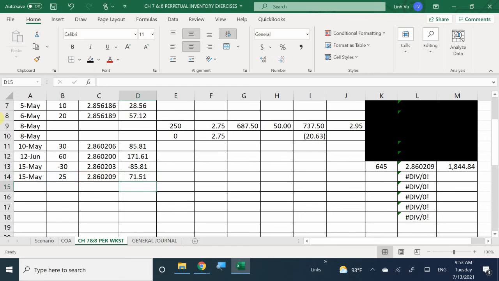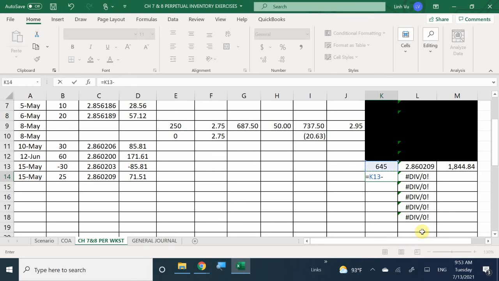Okay. So then we subtract that from the 1844.84. That's the total cost. Yes.